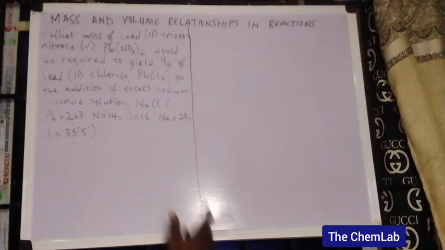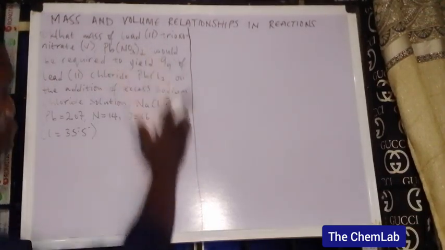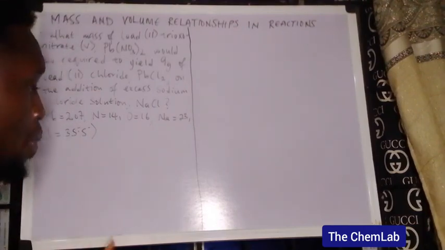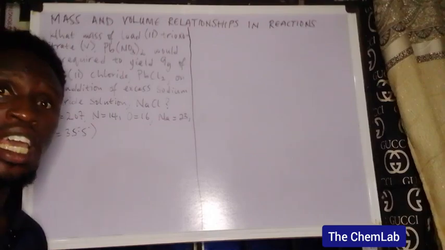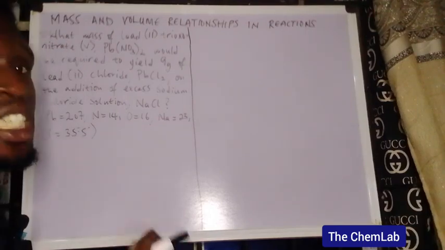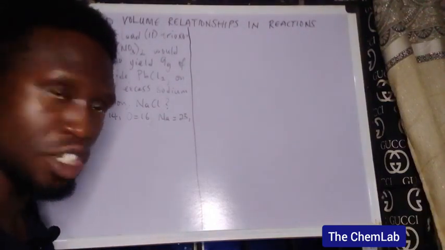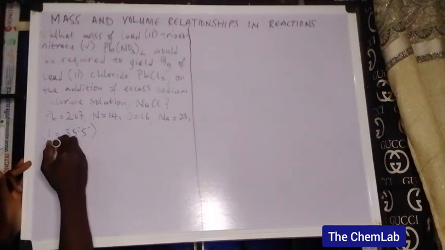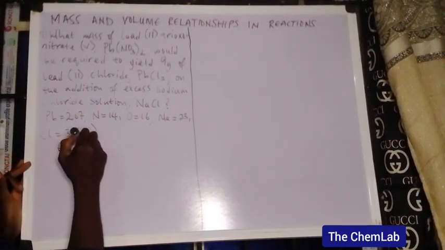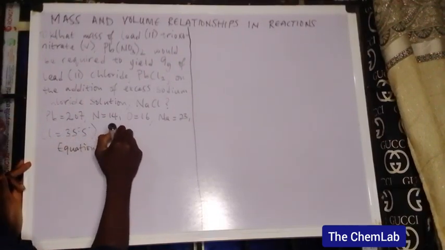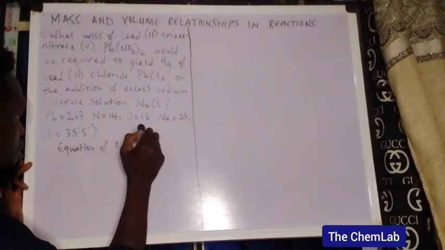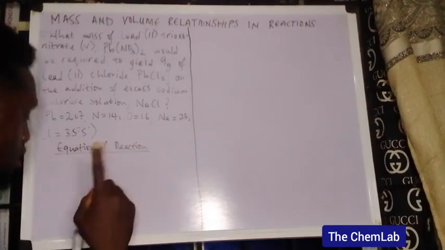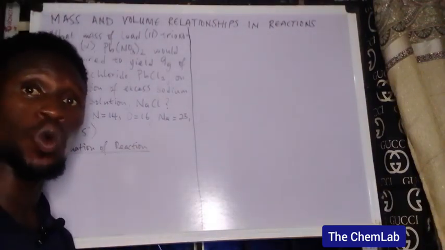They gave us the reacting mass of lead(II) chloride. Like I said before, the first thing you do before you solve questions of this nature is to write out the equation of reaction. So let's write out the equation of reaction for this particular question. In the equation of reaction, we have the reactant side and the product side.